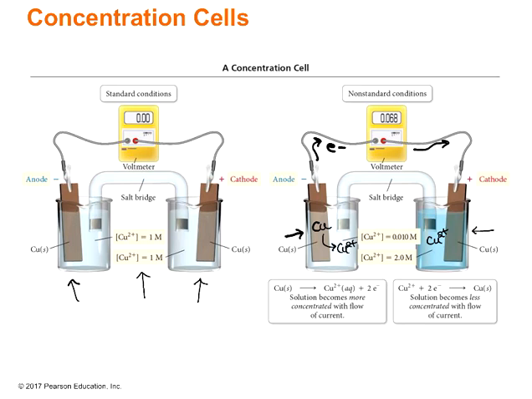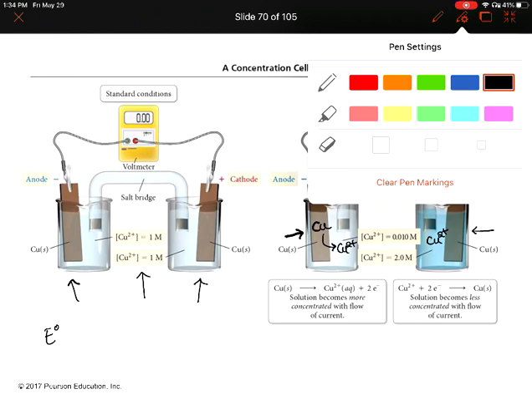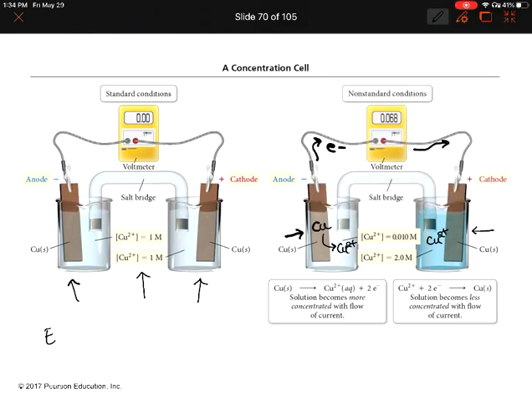Okay. Now, if we're thinking about the Nernst equation, in the Nernst equation, remember we have that logarithm of Q, the reaction quotient. Remember, Q is perfect for scenarios where we don't have an equilibrium constant, so we're at a different state in the reaction.